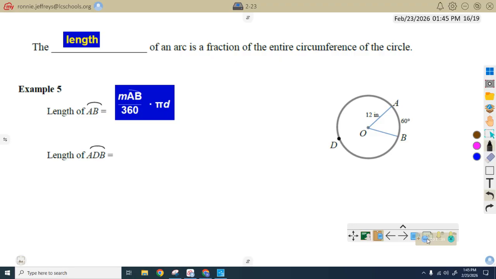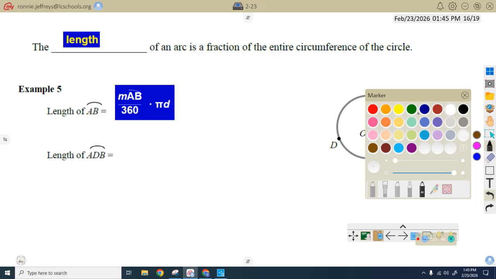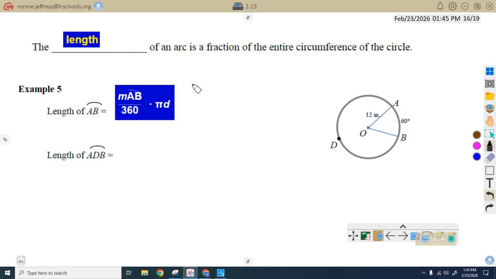So we're going to check to see if they did these right. All right. So this would be 60 over 360 times, well, the radius is 12. What would the diameter be? 24. The diameter is twice the radius. Very good. So we'd multiply this by 24 pi, and we should get 4 pi.